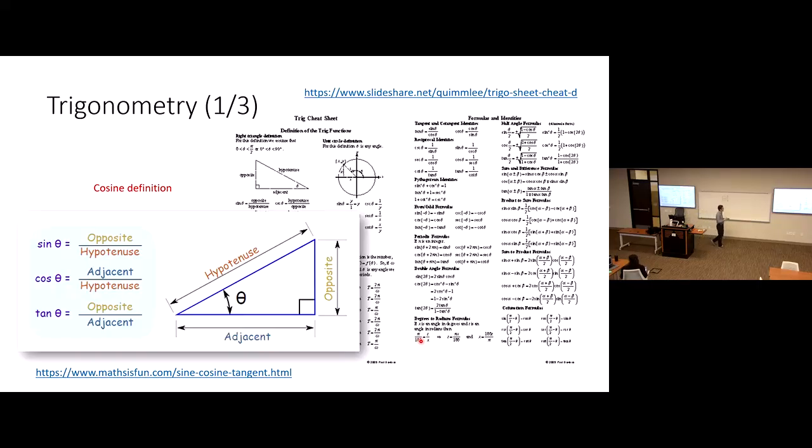So if you have a triangle and this right angle here, then this is adjacent, then the hypotenuse, and the ratio between these two is the cosine of theta between these two. You can see the two vectors. So cosine is defined by adjacent divided by hypotenuse.